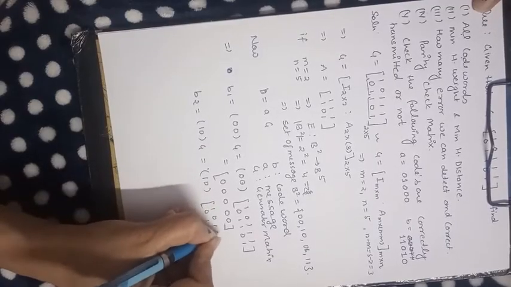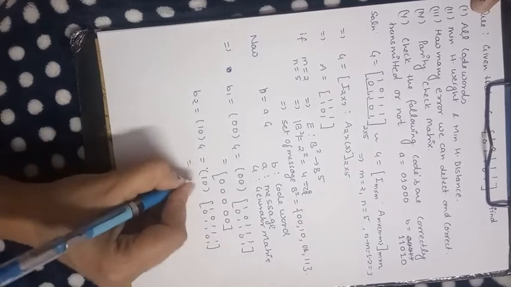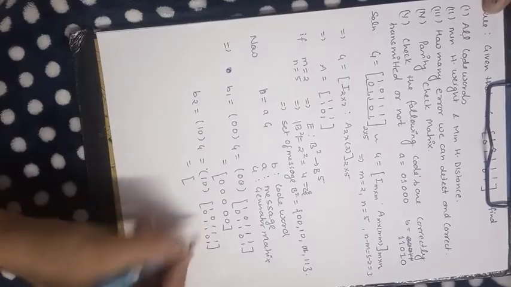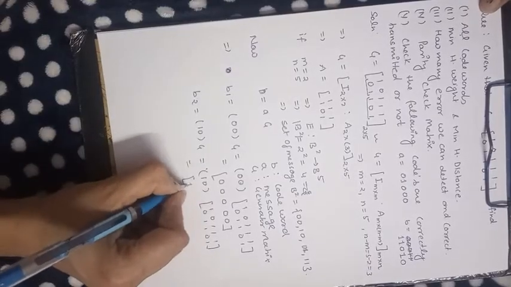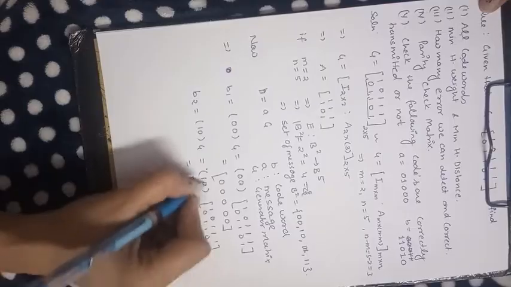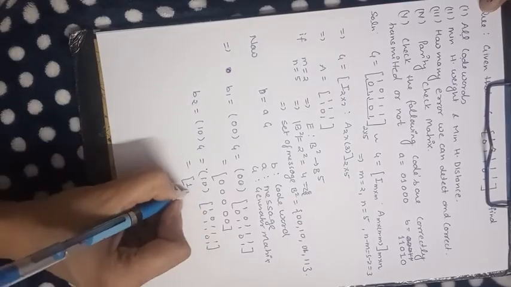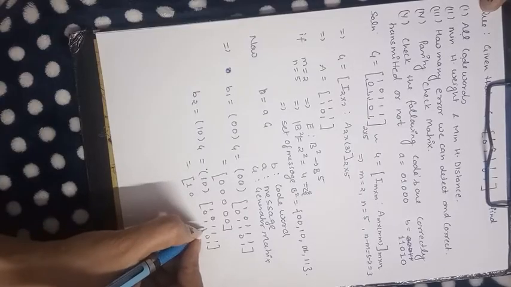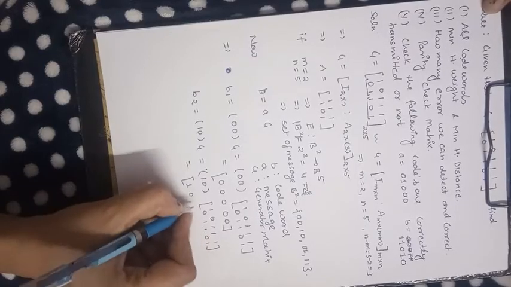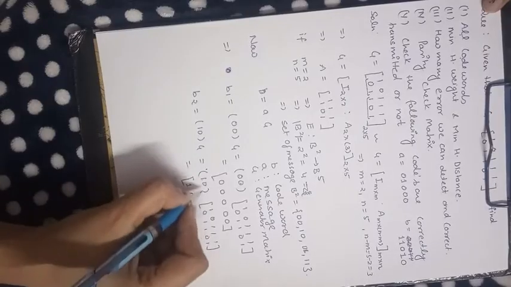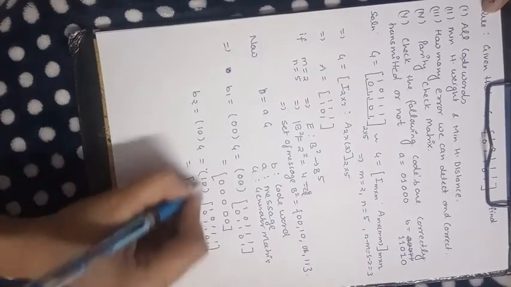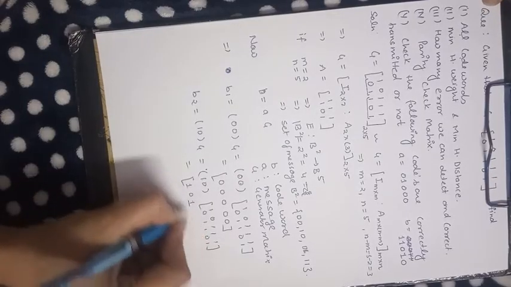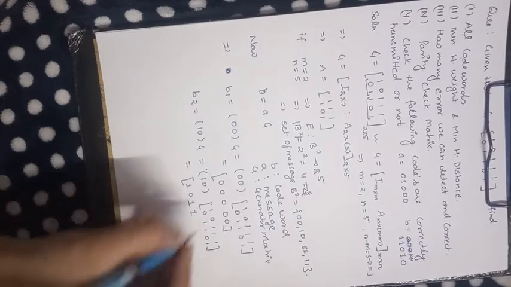What do we get? 1 into 1 plus 0 into 0 is 1, divided by 2, the remainder is 1. 1 into 0, 0 into 1, that is 0. 1 into 1, 0 into 0, that is 1, divided by 2, the remainder is 1. 1 into 1 plus 0 into 1 is 1.